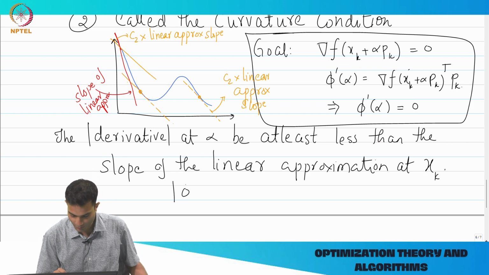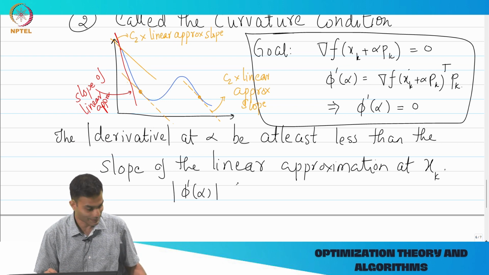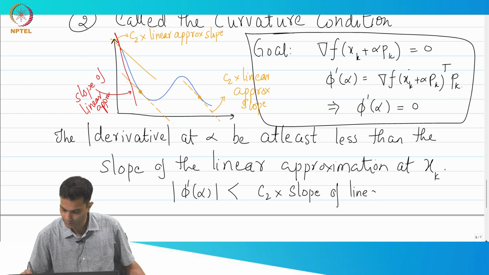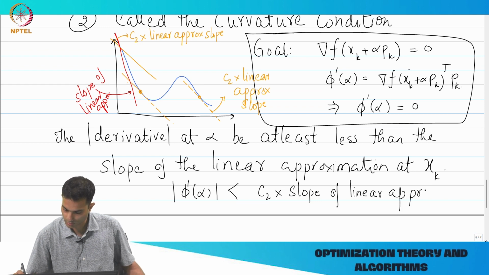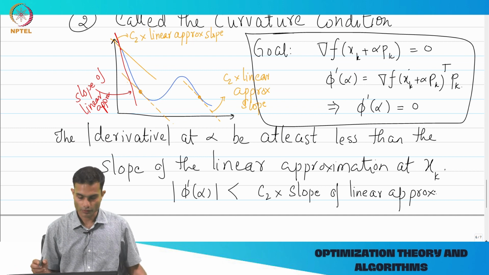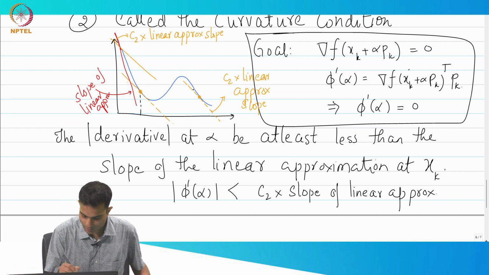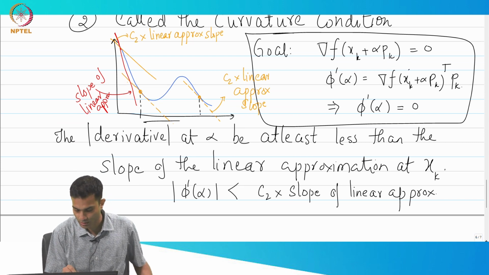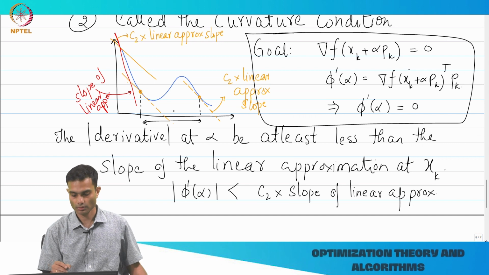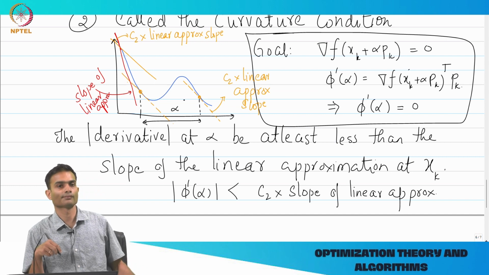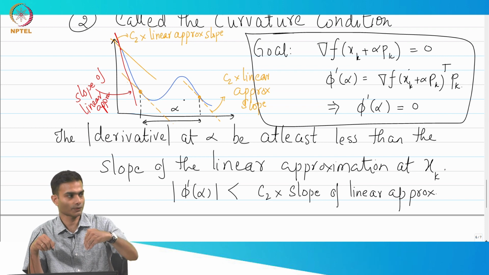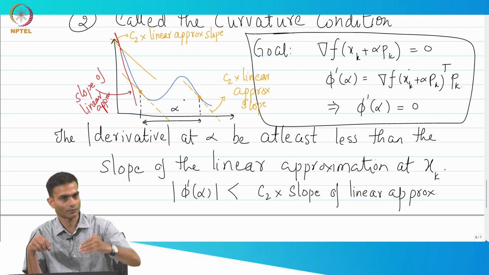So what did we say over here? Phi dash alpha is less than C2 into the slope of the linear approximation. So what this is telling us is that between these two ranges, this is the allowed alpha, because at these points over here the slope is actually reducing, right?